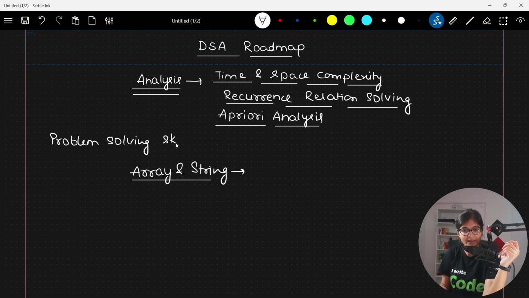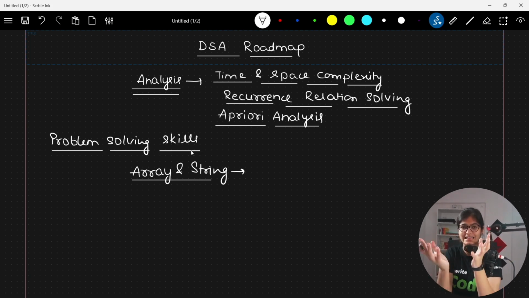Suppose there is someone who is very good at designing websites. If he doesn't know the concept of time and space complexity, then he won't be able to optimize the code well.